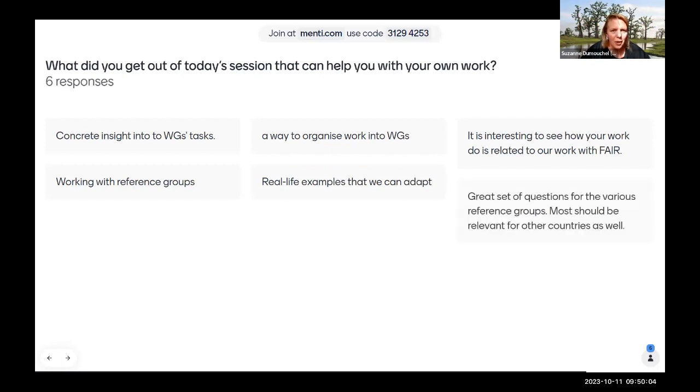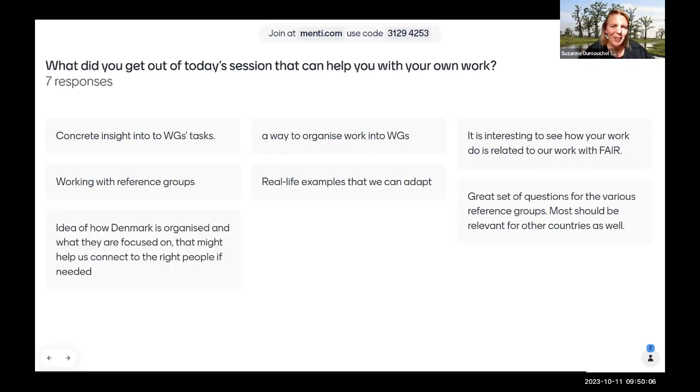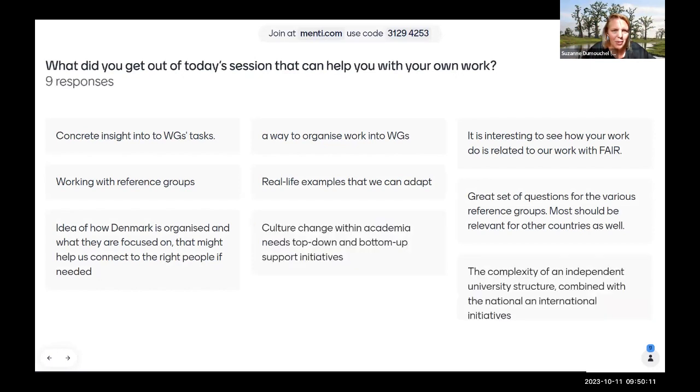And we can see the first answers coming from the audience about how this session can help with their own work. So we can see concrete insight into the working group tasks, how to organize the work into working groups, and that it is interesting to see how the work in Denmark is related to our work with FAIR. The real-life example, indeed, we had a few examples about that.